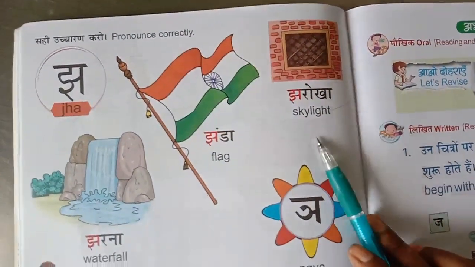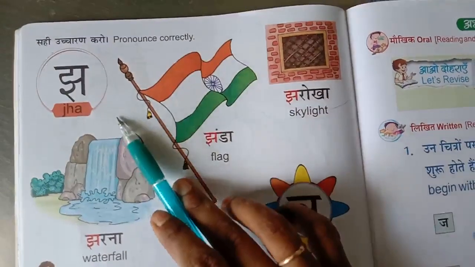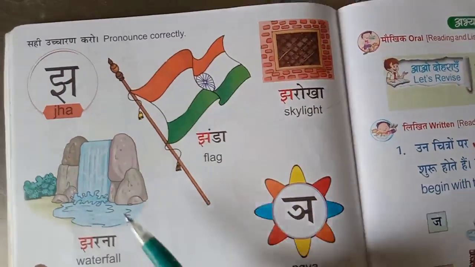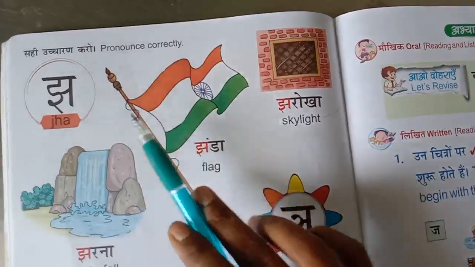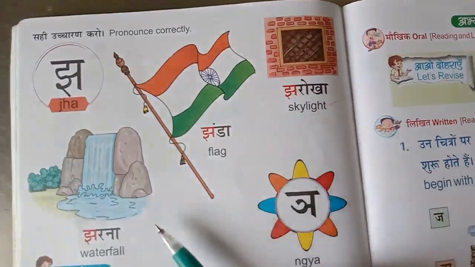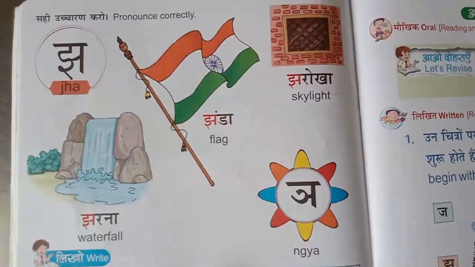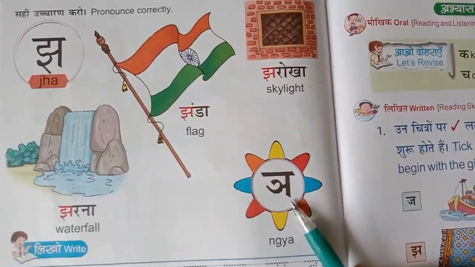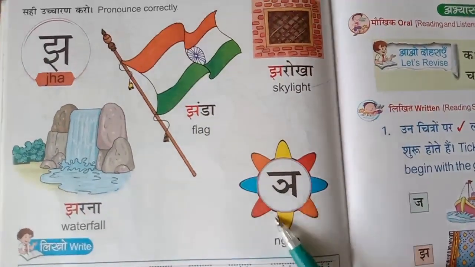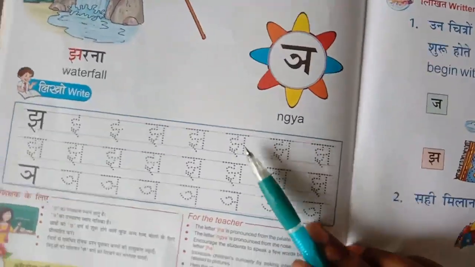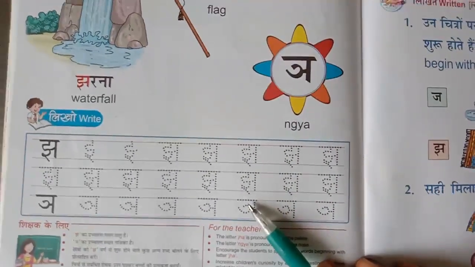Once again: ja se janda, jharoka, jharna. Right, children? The last letter is nya. Cha, cha, jha, jha. The last is nya. See the practicing corner. You have to practice it.